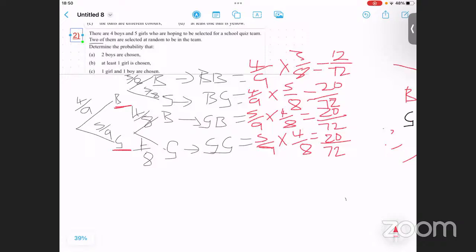They say determine the probability that 2 boys are chosen. And then you're going to look at the tree diagram. Do we have 2 boys being chosen here? Yes. Here?